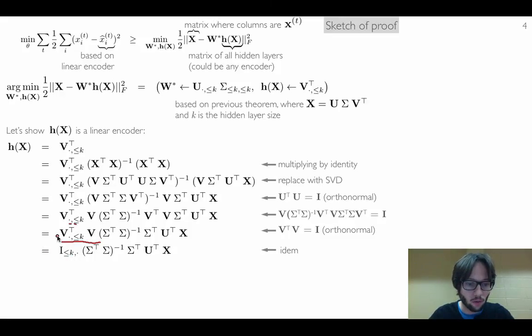So this will be a matrix of size K times the dimensionality of the input space, with ones on the diagonal and 0 elsewhere. That's this matrix here.